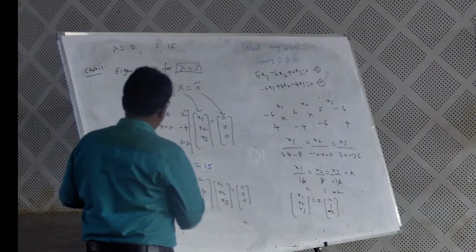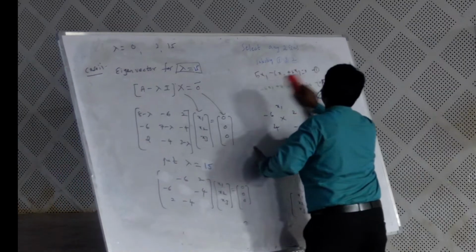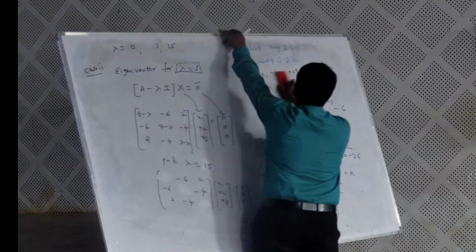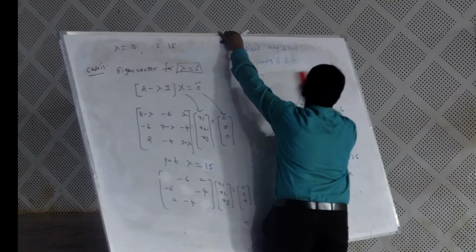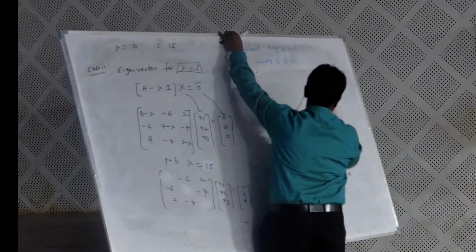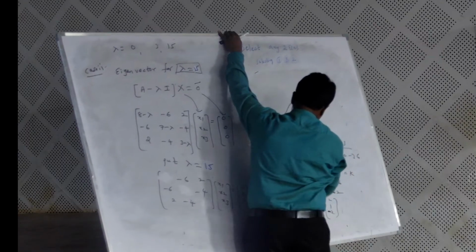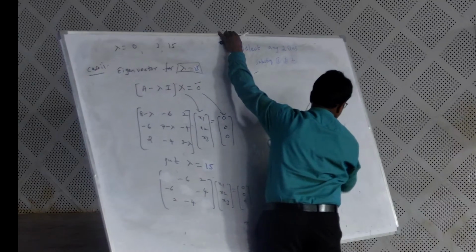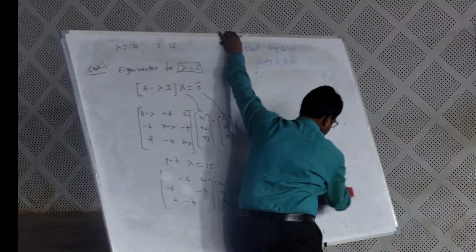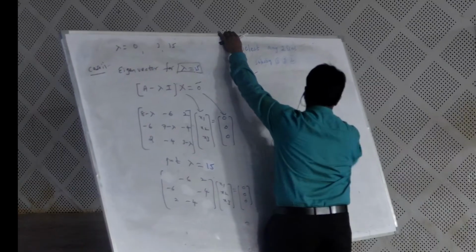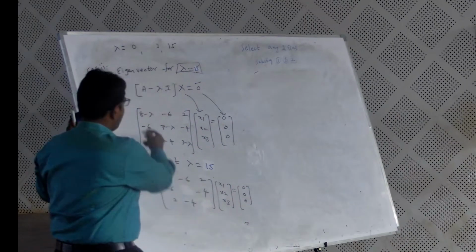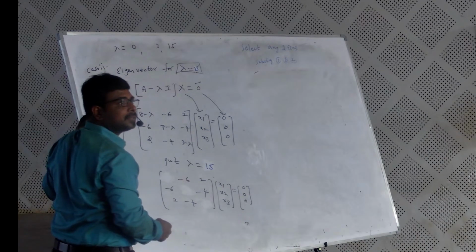Everyone, 15. What is the change here? 8 minus 15 is minus 7.